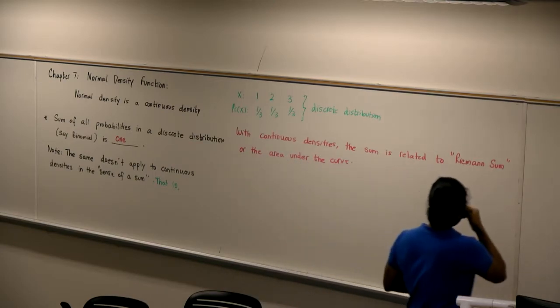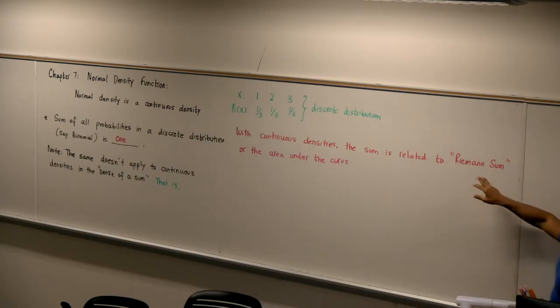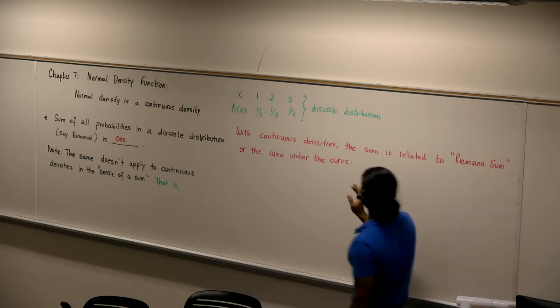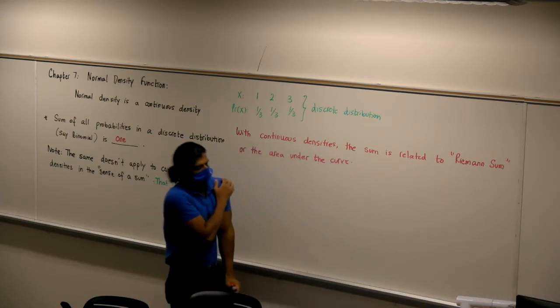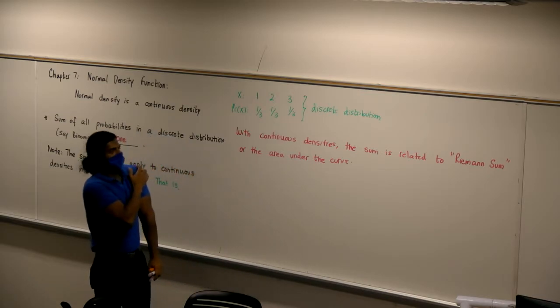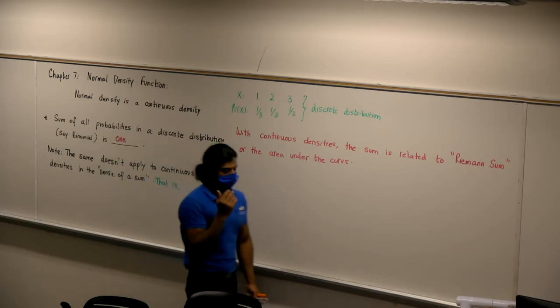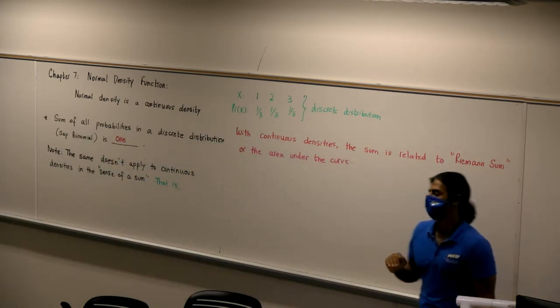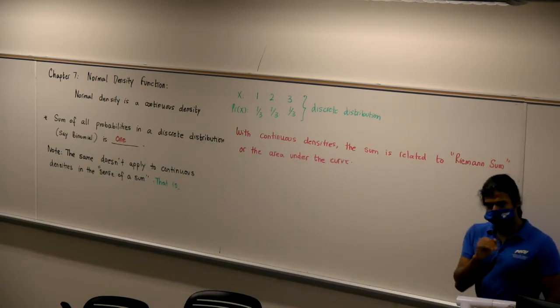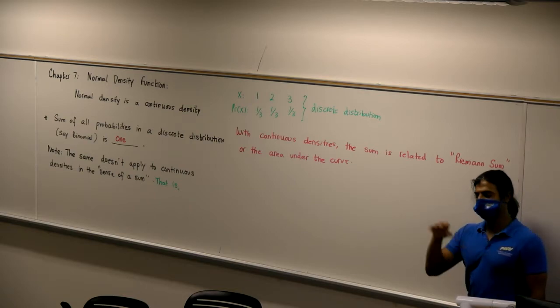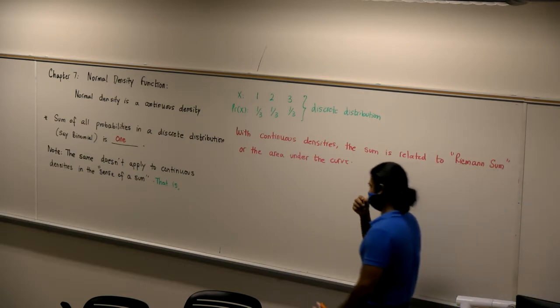It's technically a limit of Riemann sums, but I don't want to confuse you guys. So it is related to a Riemann sum. What does the Riemann sum give us in the limit? It gives you the area under the curve. So with continuous densities, probabilities correspond to area under the curve.